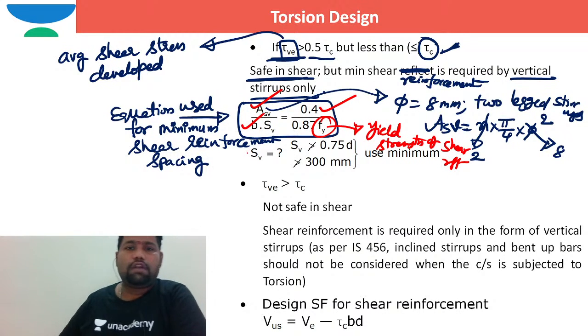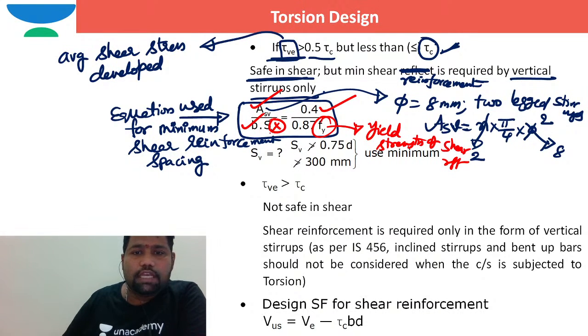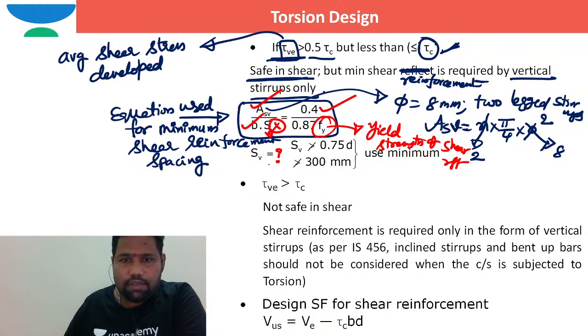So the one and only unknown is Sv. From this equation, can you work out Sv or not? After you work out the spacing of this shear reinforcement, Sv cannot be more than 0.75 times d, and Sv cannot be more than 300 millimeter.